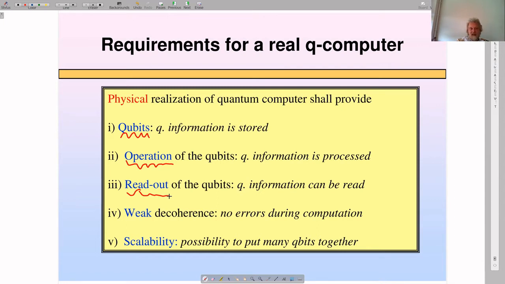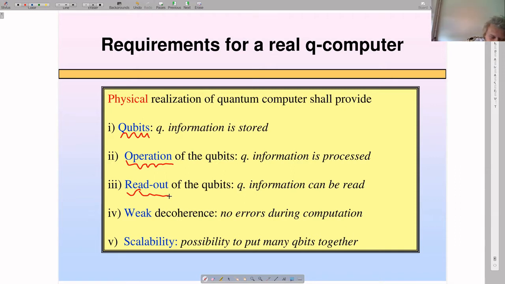There might be dissipation, decoherence in these quantum systems, and this is a major block for the realization. So one needs to isolate the system from the environment as well as possible. There are many ways, many tricks to do this, and thanks to them you have sufficient time to execute your quantum program.